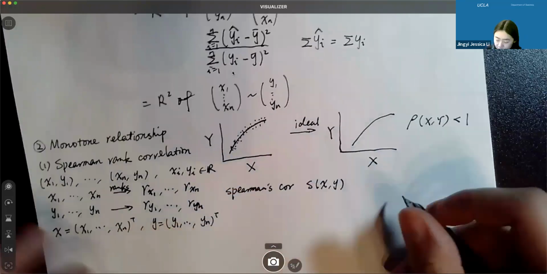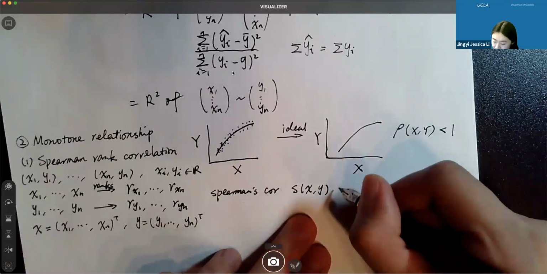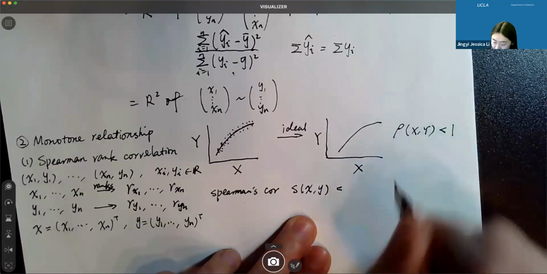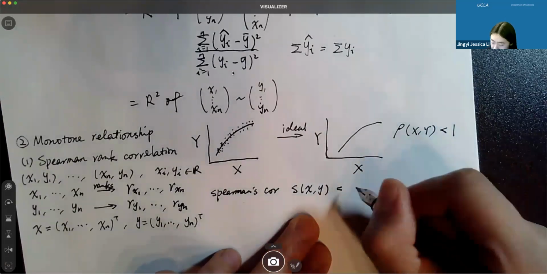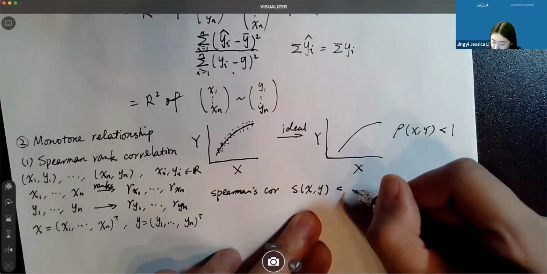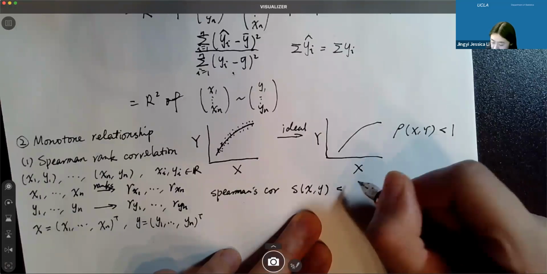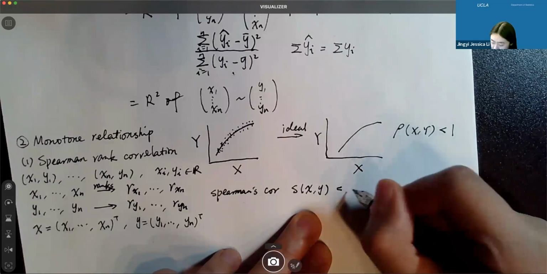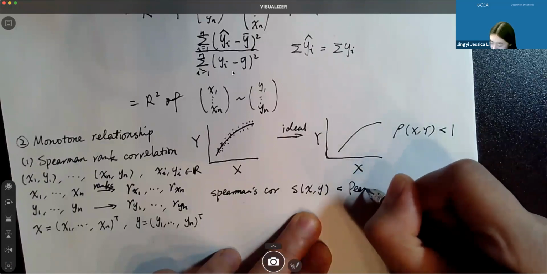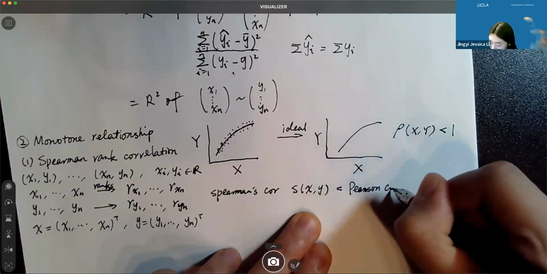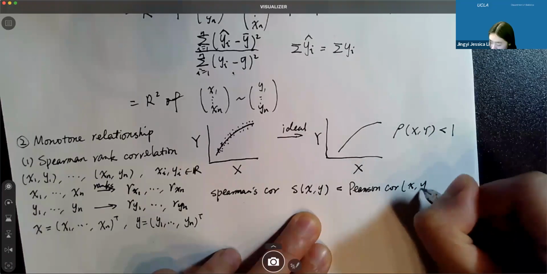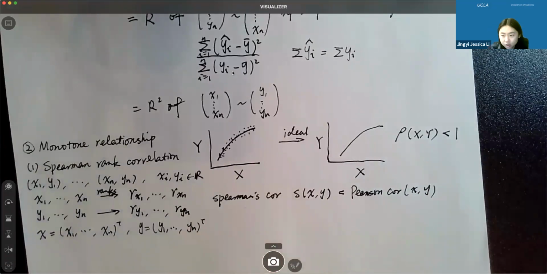With this notation, the Spearman rank correlation is just defined as the Pearson correlation of x and y. In other words, the Spearman correlation is the Pearson correlation applied to ranks instead of the original values.